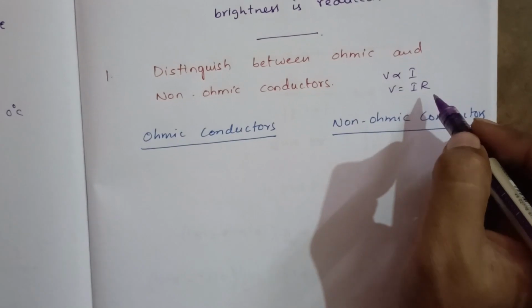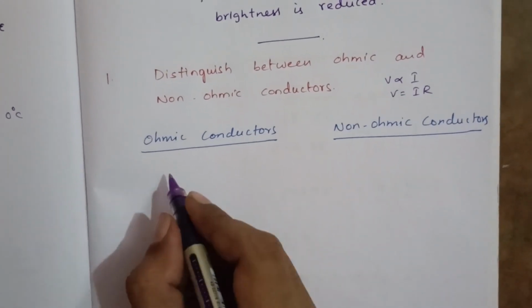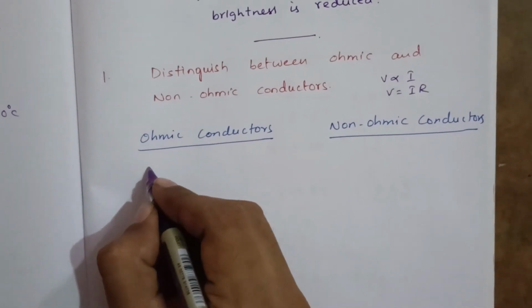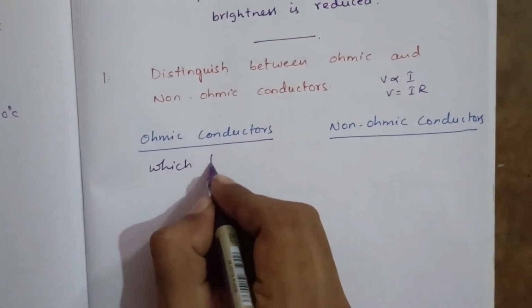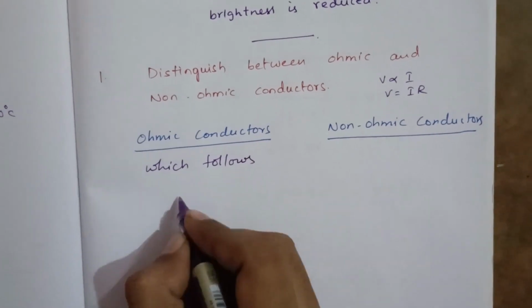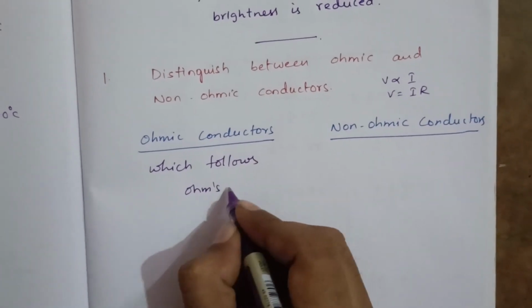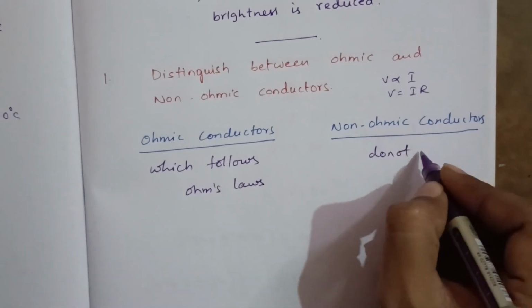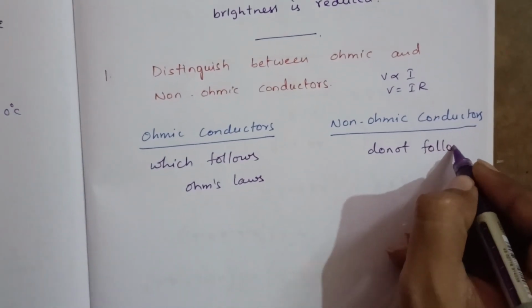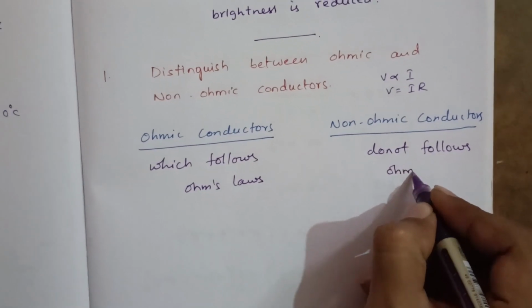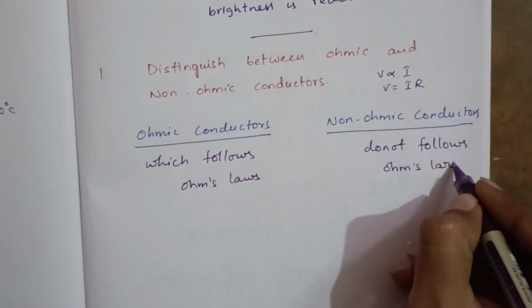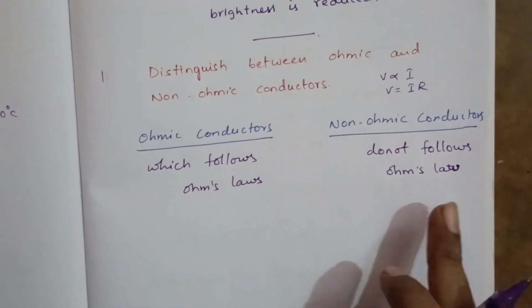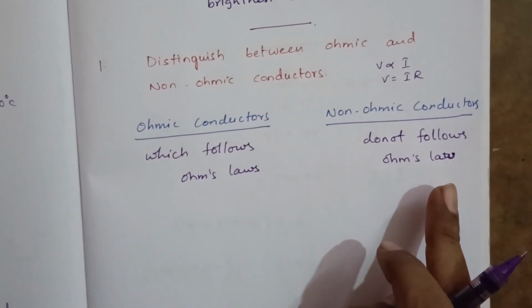Conductors which follow Ohm's law are ohmic conductors, and conductors which do not follow Ohm's law are non-ohmic conductors.